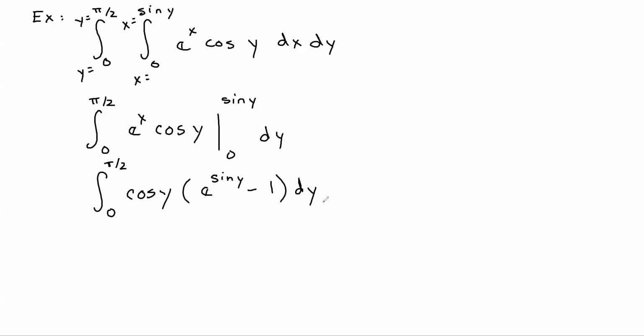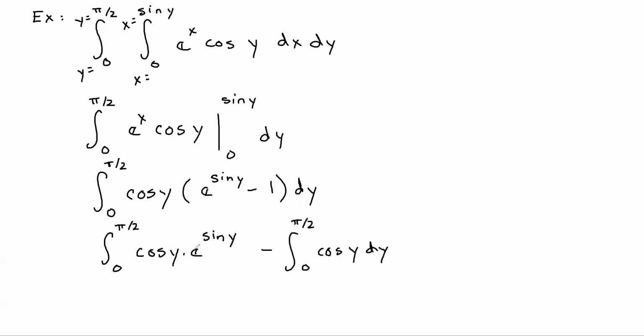This is just a Calc 1 style integral. To do that, you can go through and split this up. This is cosine y e to the sine y minus the integral from 0 to pi over 2 of cosine y dy. All right, so for this piece, this is a fairly simple use substitution, and simple enough that because I have limited space, I'm just going to plug it in, right?